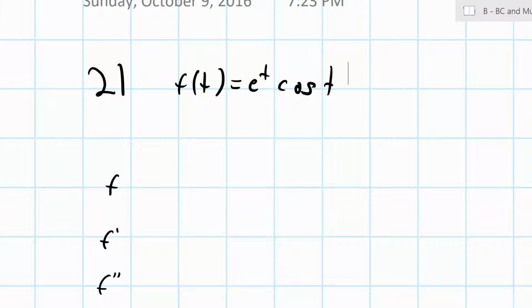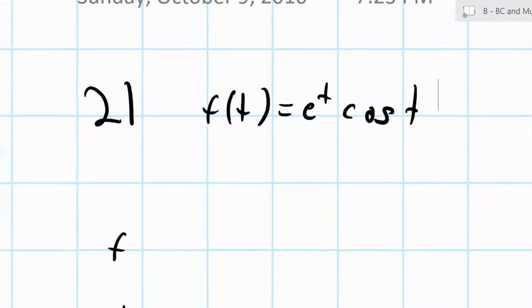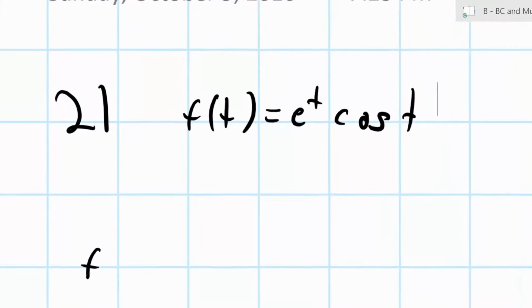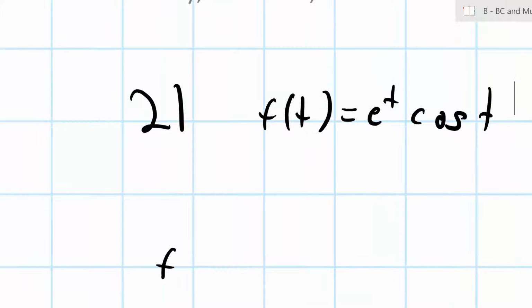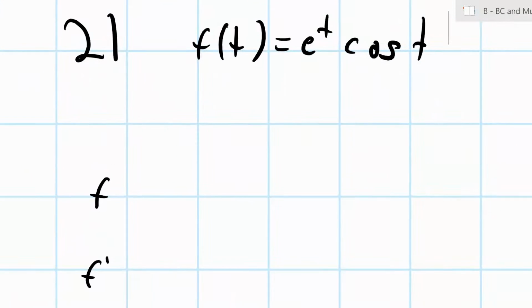Okay, what we're doing is finding the first four non-zero terms for the Taylor series of e to the t cosine of t. So what we're going to do is first find the derivative of each.